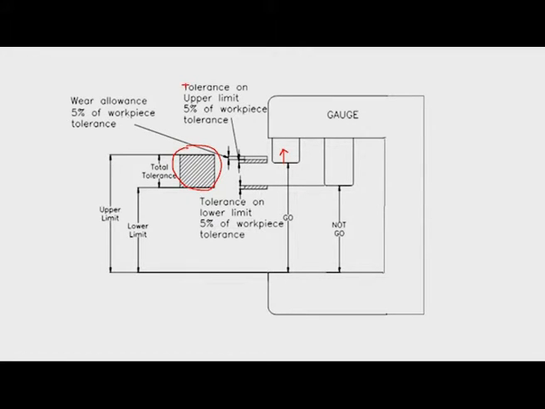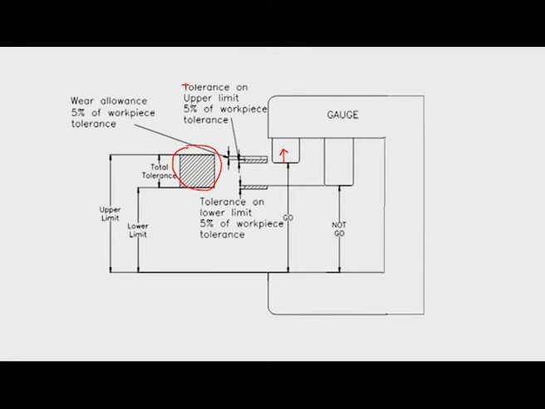So this is the gauge tolerance, which is taken as 5% of the tolerance. This is the total tolerance, and 5% of this is taken as gauge tolerance. In addition to that, wear allowance is given, which is again taken as 5% of the tolerance.